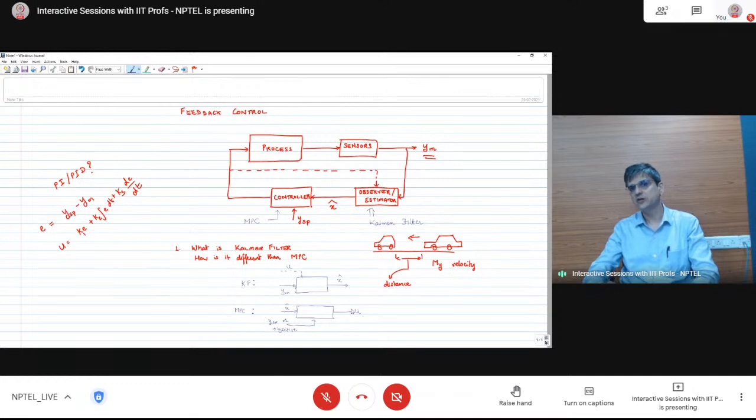What do we mean by feed forward component? Let's say, for example, you're looking at your bathroom shower. There's a shower heater, and some of the real fancy heaters have a temperature controller where you can set the temperature at say 39, 40, 41 degrees Celsius. Then there is a controller that determines that.